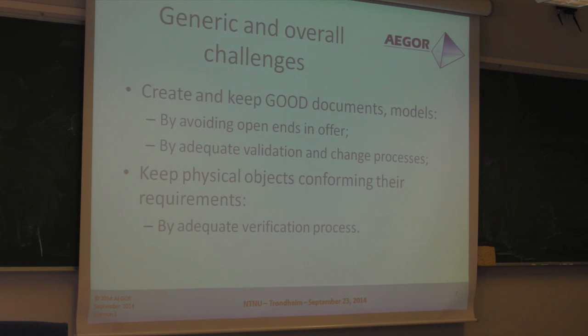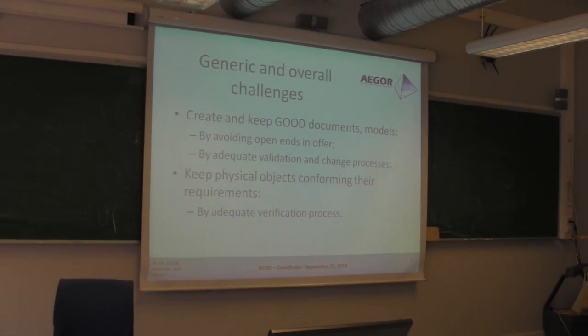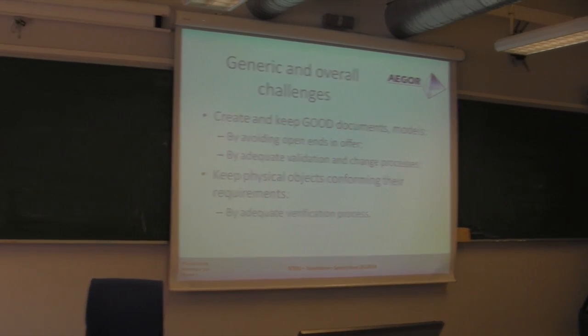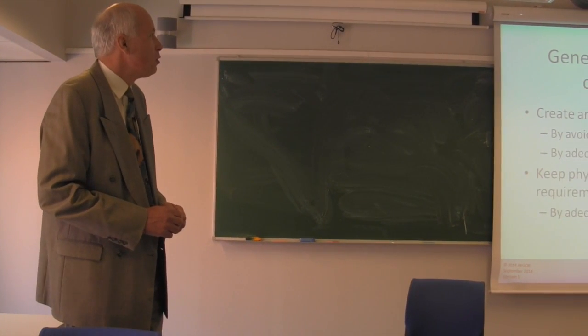Most companies have a lot of change processes. If there are changes, then priorities are very often determined by the most assertive persons in the game and not by the real project priorities. So that's a point as well.